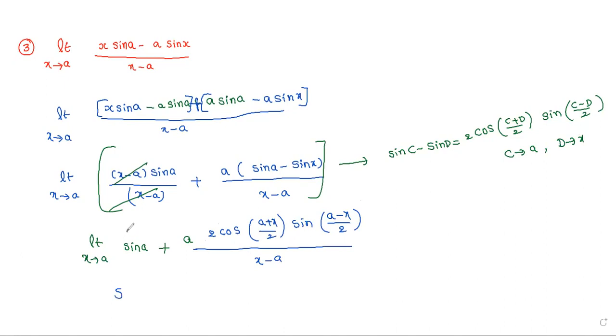Sin a is constant, and a is also constant, and the limit also applies. Limit x tends to a, cos of (x plus a) or (a plus x), no problem.